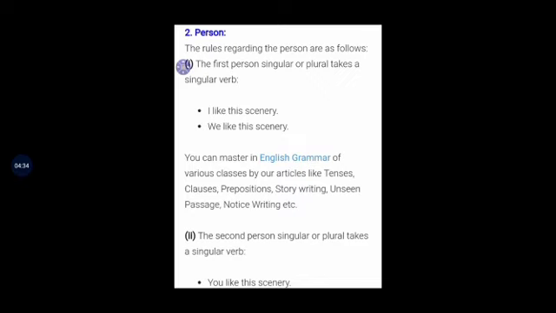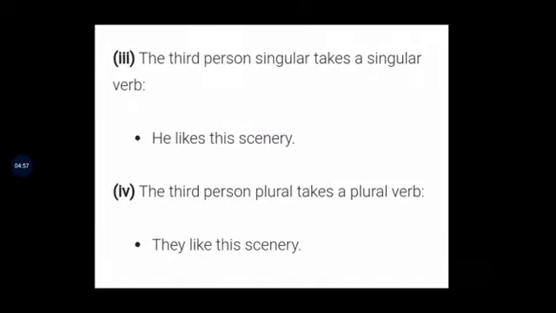At that time also we need to take the plural form of the verb. Example, you like this scenery. You is singular as well as plural. At that time we need to take the plural form of the verb.